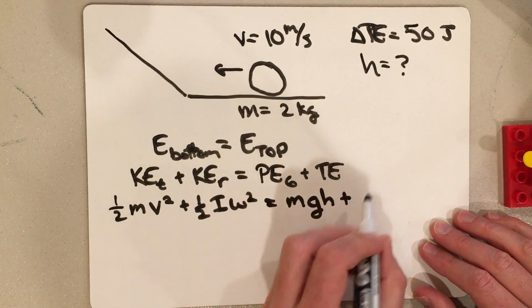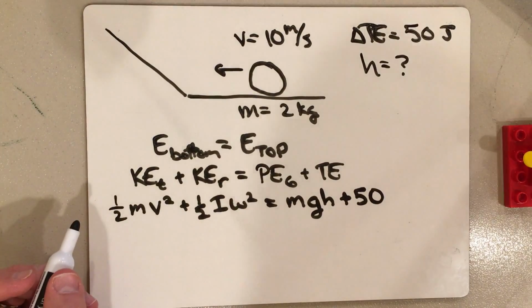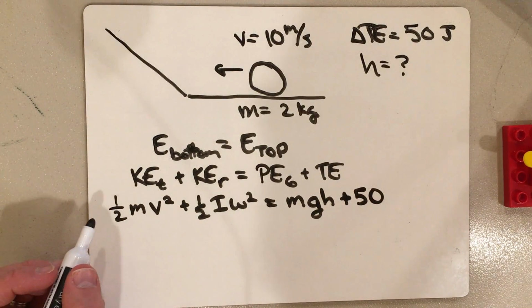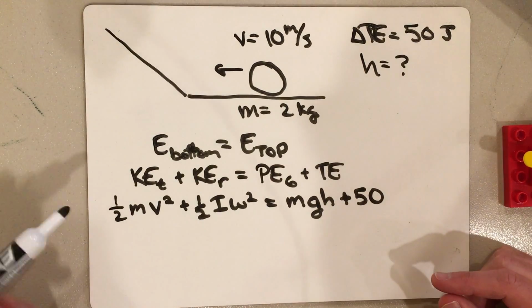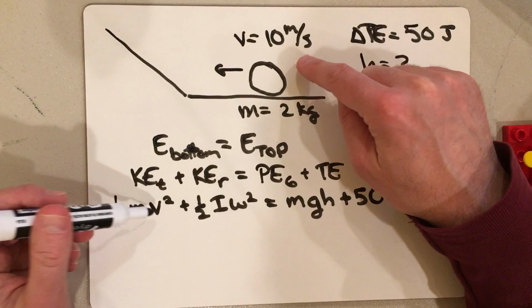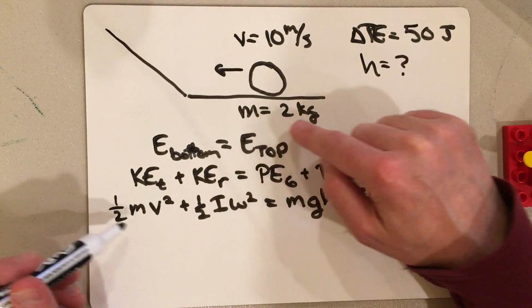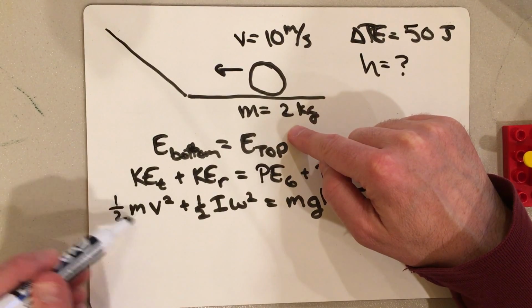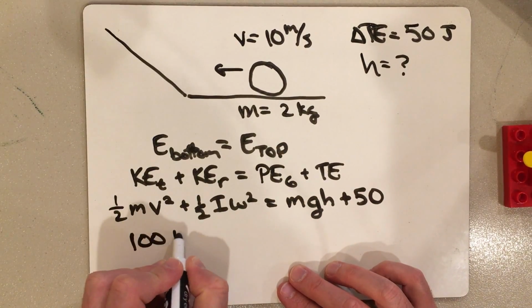And we already know the thermal energy that's generated, that's 50 joules. Now I can go ahead and put in other values. So here I'd put in v, 10, and I'd square it, which is 100. 1/2 times 2 is 1, so this is going to be 1 times 100, which works out to be 100.